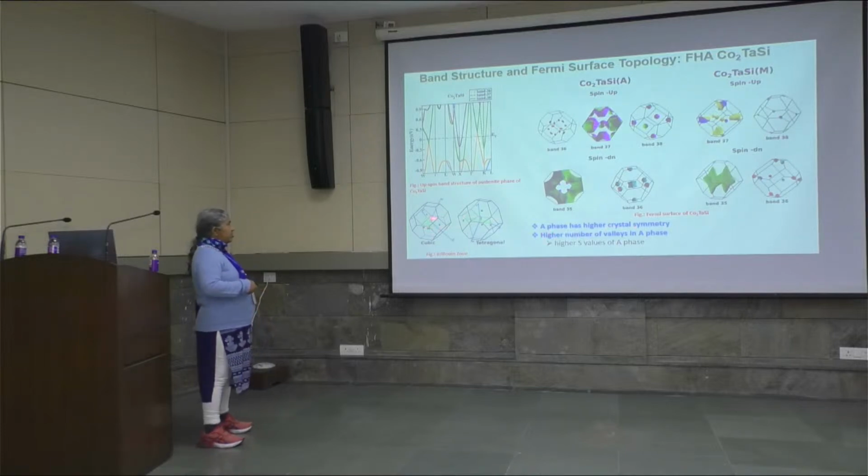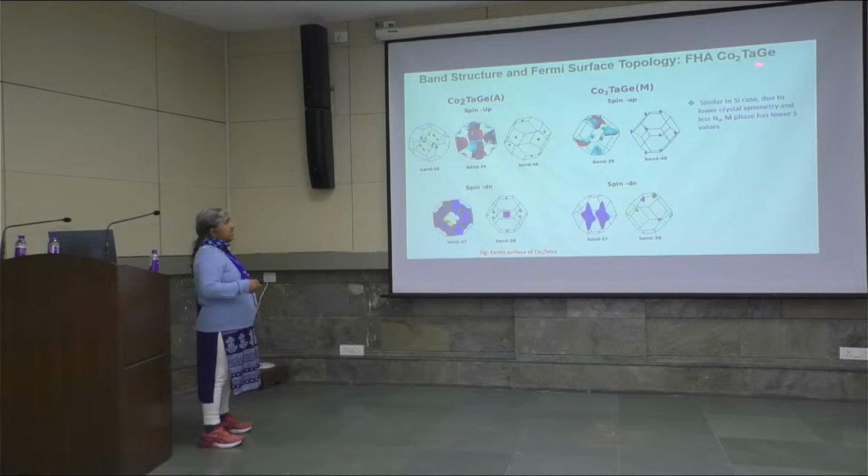These are the Brillouin zones, and these are the high symmetry points around which we have plotted the band structure. The A phase has higher crystal symmetry and a higher number of valleys. So we get higher S values for the A phase compared to the M phase, because that was a confusion for us, why the A phase has higher thermoelectric values compared to the M phase.